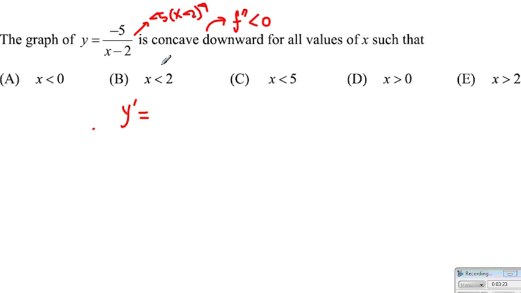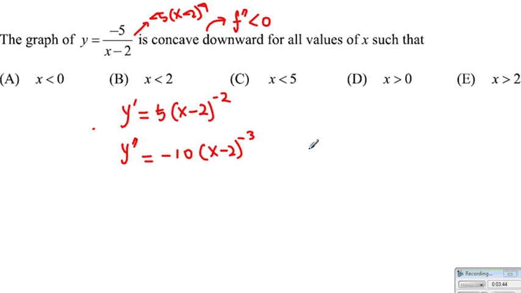So when you take the derivative of that, we end up getting 5 times x minus 2 to the negative 2 power. So when you go for the second derivative, we end up getting negative 10 times x minus 2 to the negative 3 power.